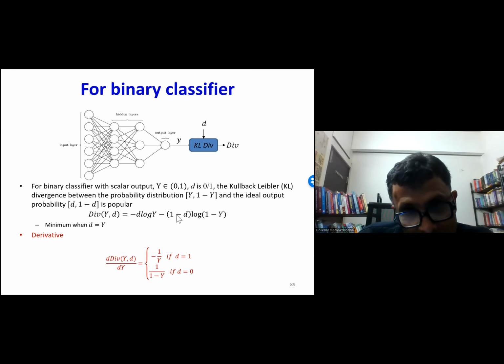Similarly, if the desired output is 0 and the actual output is also equal to 0, then since d is 0, this term goes away. 1 minus d becomes 1, and if the actual output of the network is 0, then 1 minus y becomes 1, log of 1 becomes 0, so the whole thing becomes 0. So you can see that this divergence term becomes 0 when the desired output exactly equals the actual output. And for anything else, you can show that this is always going to be positive.